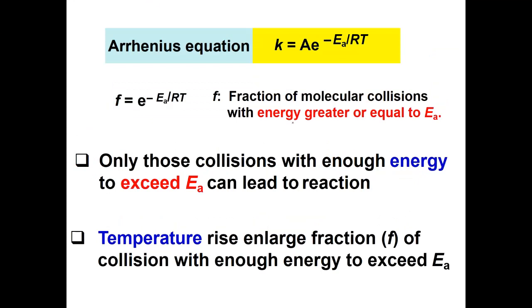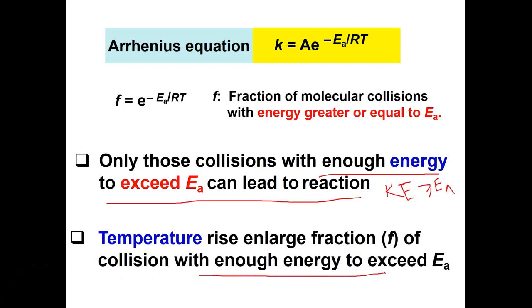Okay, then only those collisions with enough energy to exceed EA can lead to a reaction. So the KE must be greater or the same as the EA. When temperature rises, a larger fraction of collisions has enough energy to exceed EA.